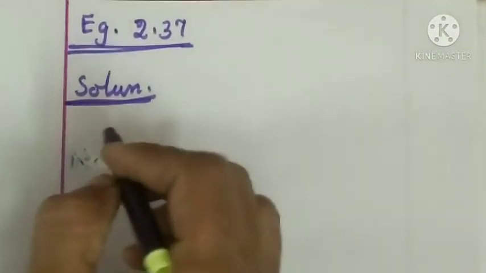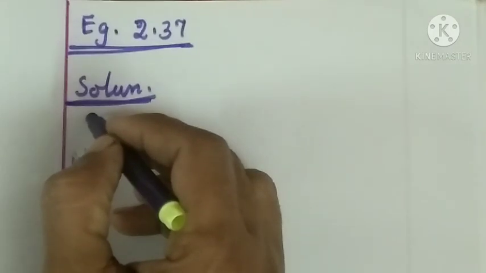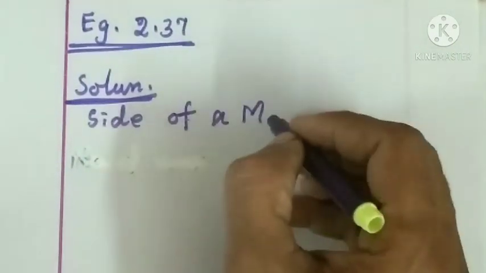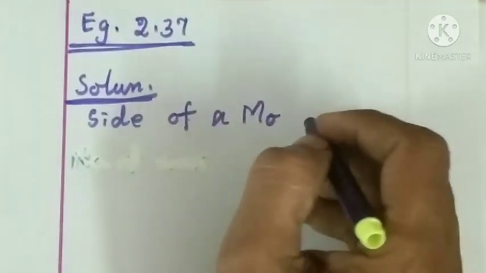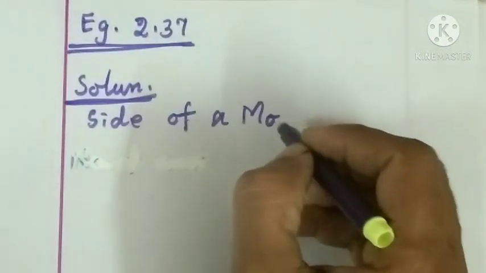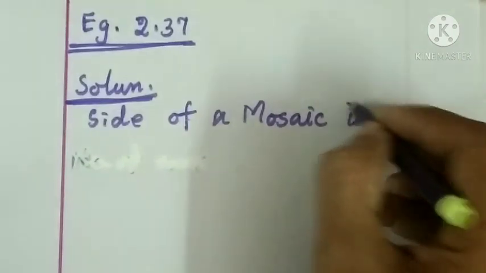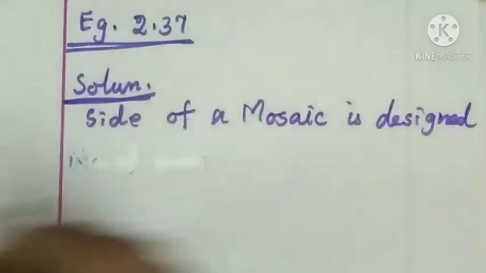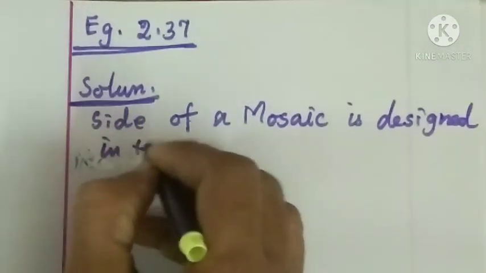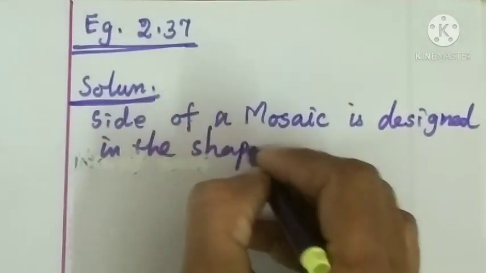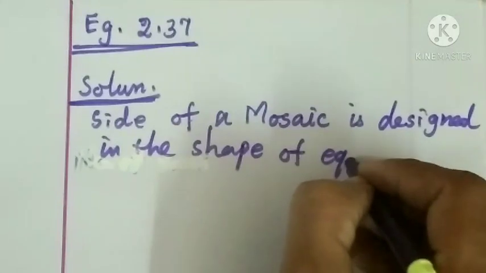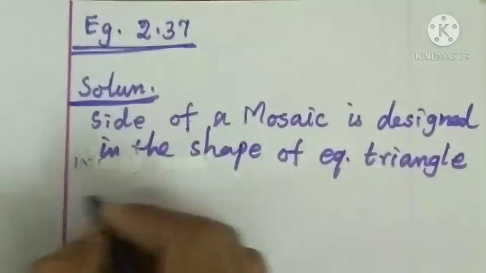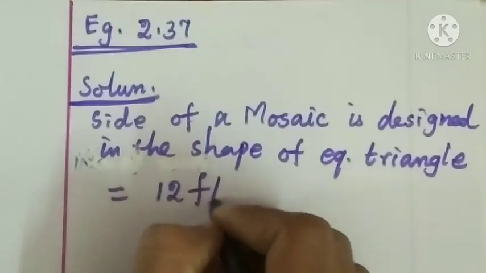In solution, first you take down and write the given. Side of a mosaic designed in the shape of equilateral triangle is equal to 12 feet.